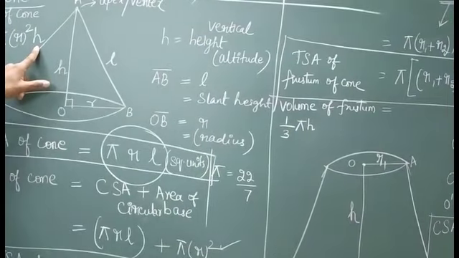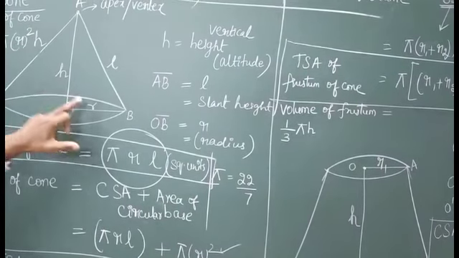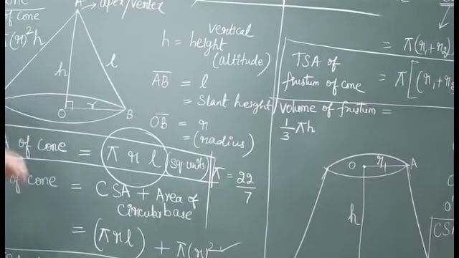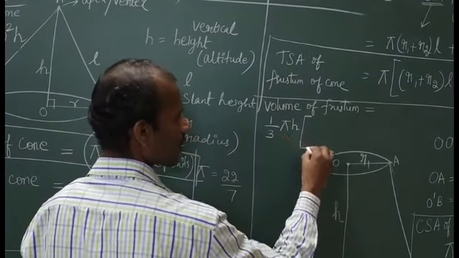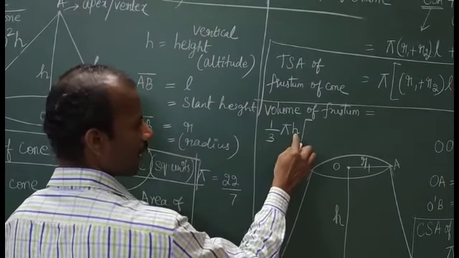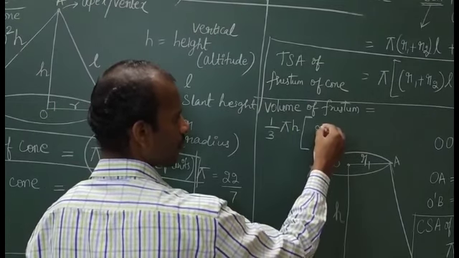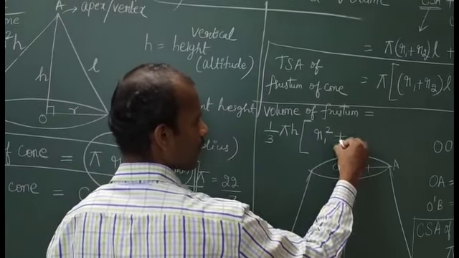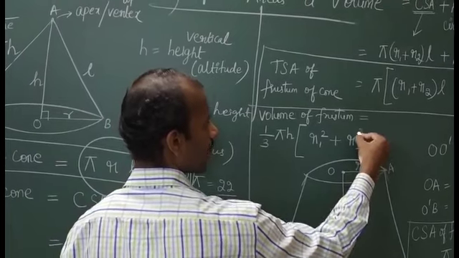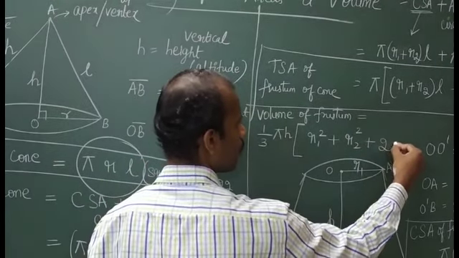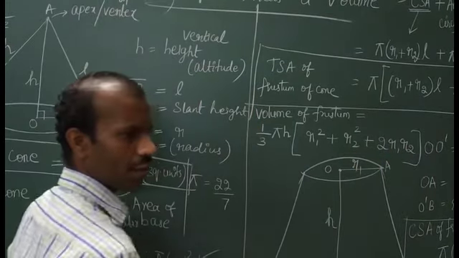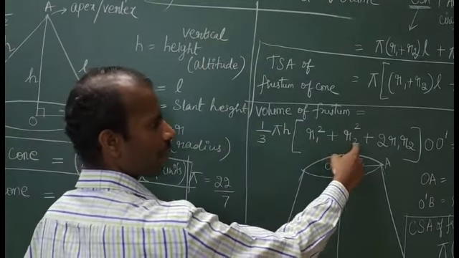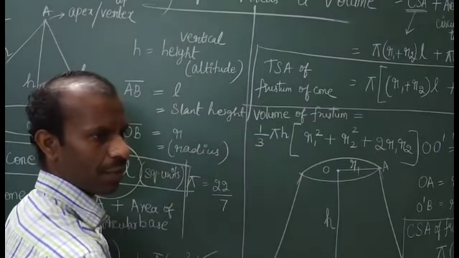Please remember that since we had only one r, that formula was right. Since we have R1 and R2 here, I want your attention now. It is 1 by 3 pi h times a square plus b square plus 2ab. We remember the a square plus b square plus 2ab formula, a plus b whole square.